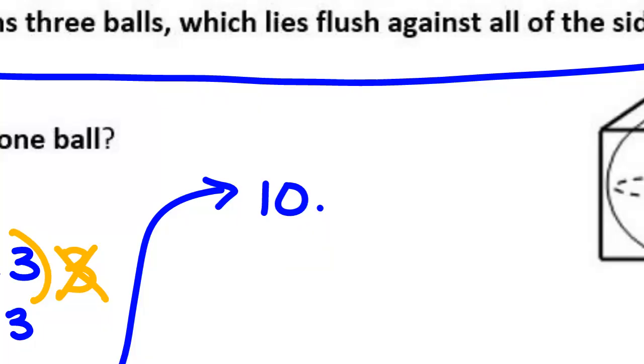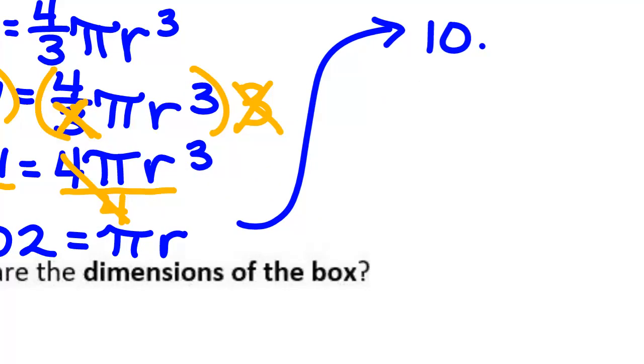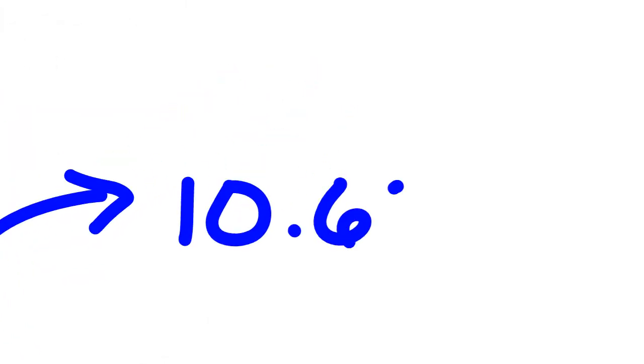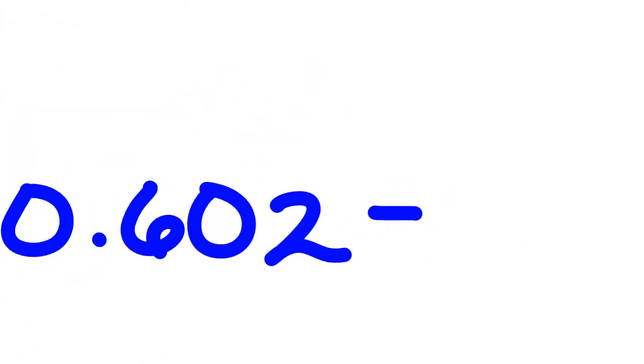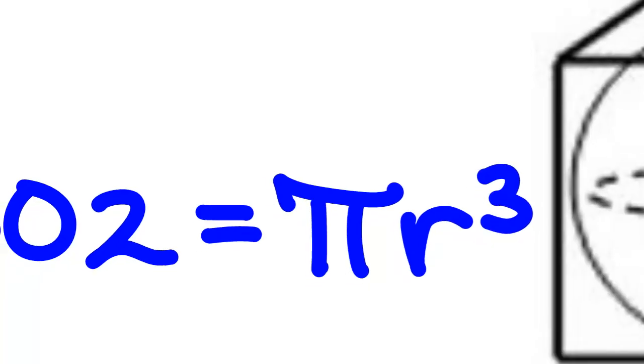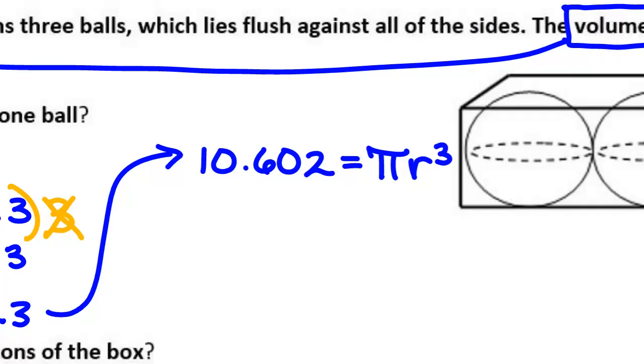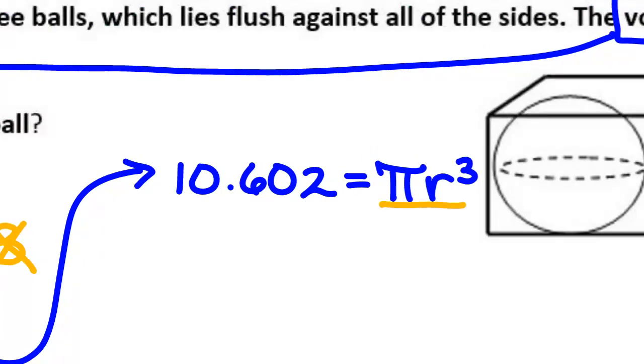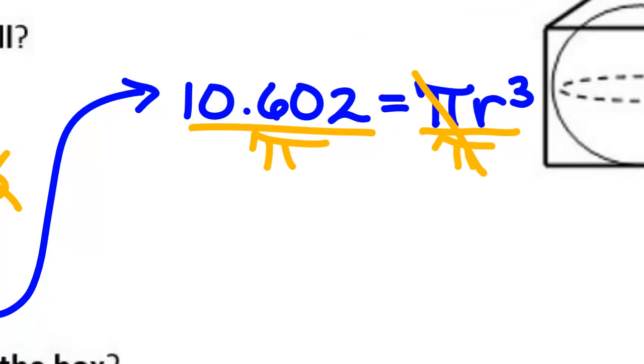Yes, thank you for correcting me. What's the next thing I do? Divide by pi. We're going to divide both sides by pi, so that cancels out my pi. What is 10.602 divided by pi?